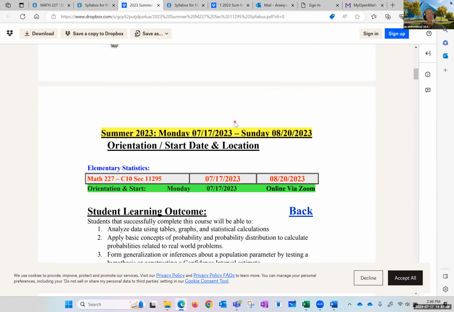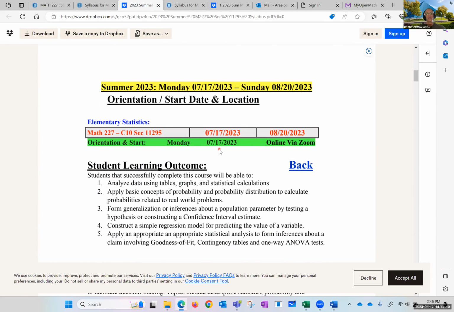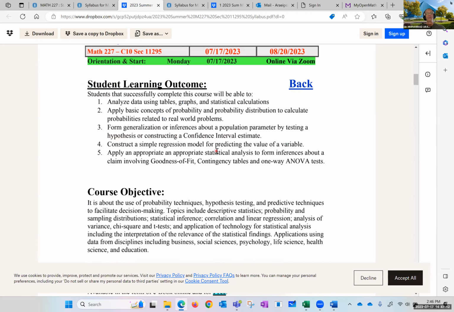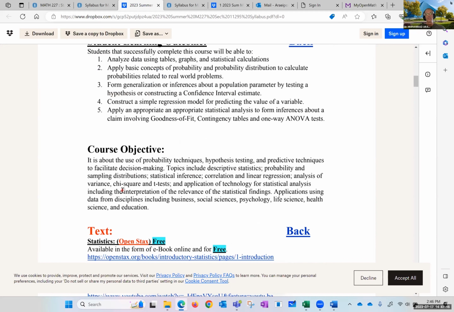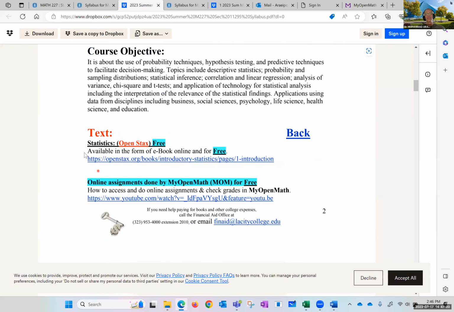So the very first thing, of course, is the topic and the name of the course, the student learning outcome, and what we are learning along with the course objective. In short, we're dealing with statistics. The text and the digital homework are all completely free. You can click on it right here to get to the text, and this one over here to get to the digital homework. I'll show you a different way to get there in a moment.